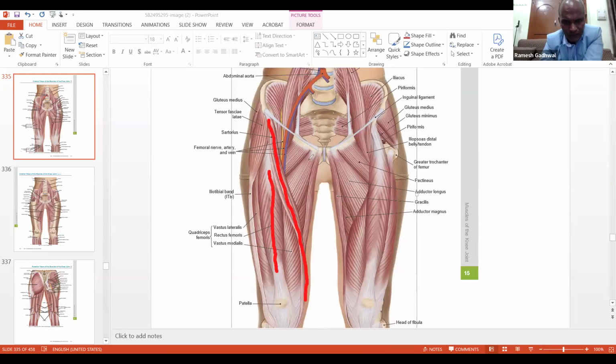Then these muscles are adductors of the hip, adductor of the thigh, adductor of the hip, all these.